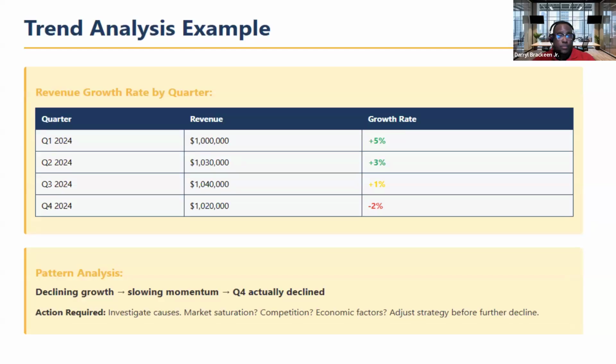But then you look at quarter three and quarter four, while the revenue is going up in quarter three, but down in quarter four, you're beginning to see a pattern here. There's a declining growth, right? So there's a slowing of the momentum that you're having. And then Q4, it's actually a complete decline.